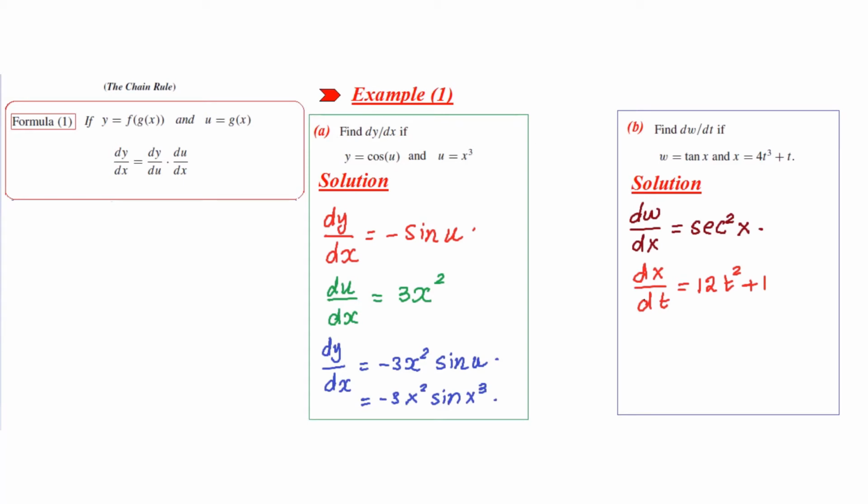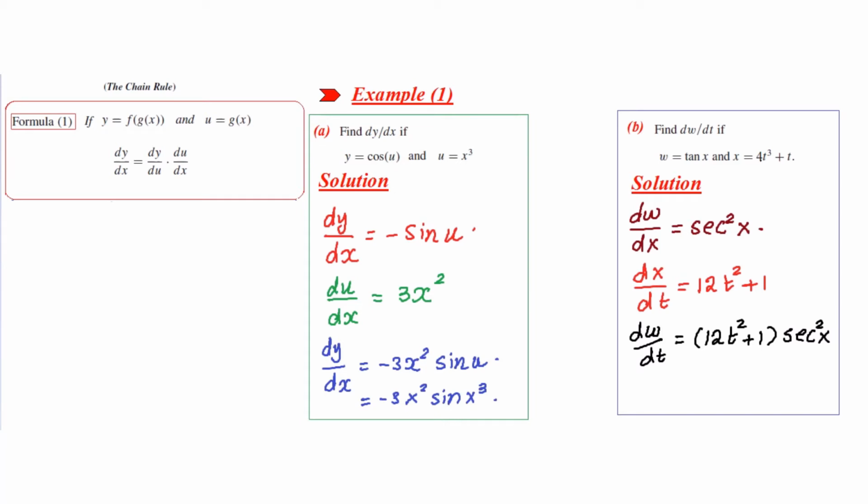So dw by dt equals 12t squared plus 1 multiplied by secant square x. Then you have to write x with its value.